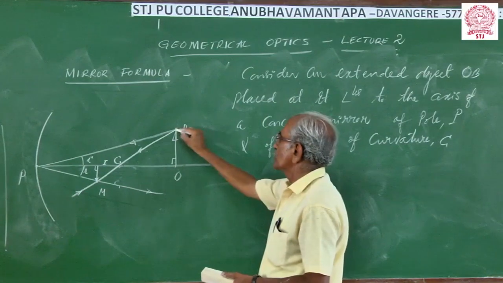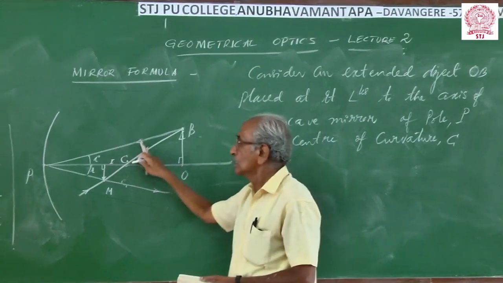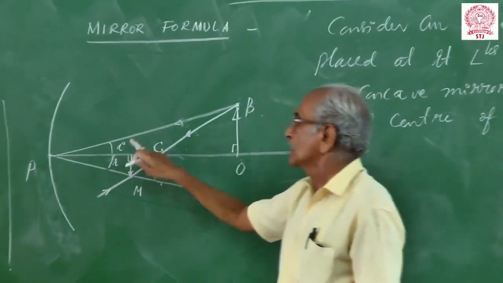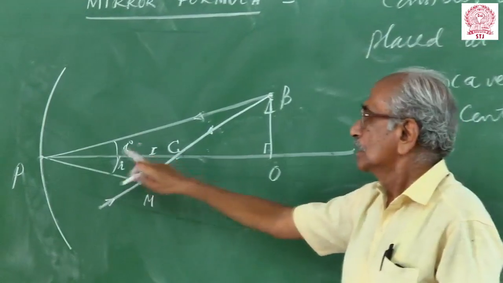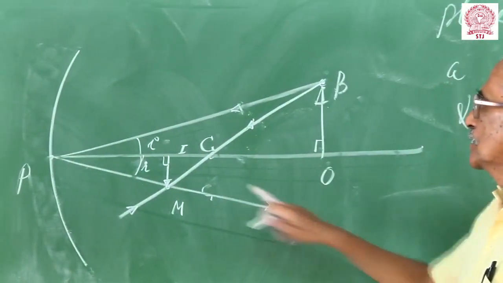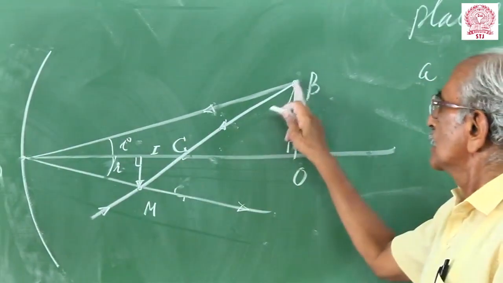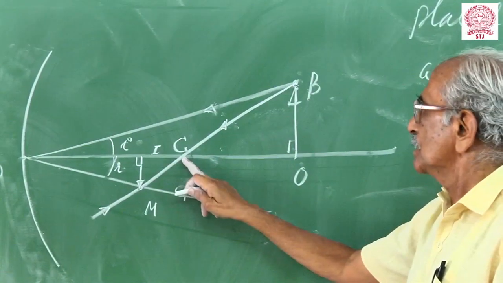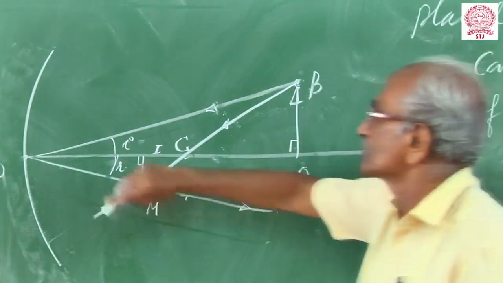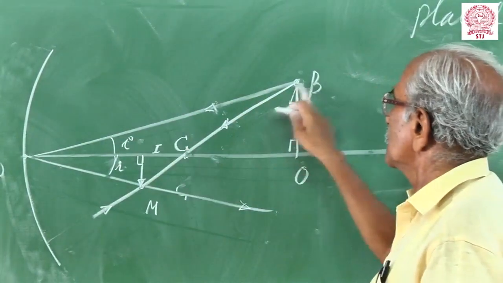Now from the topmost point B, I take a ray incident at P, making an angle I. It reflects along PM such that I equals R. Another ray passing through C falls on the mirror normally because this is a sphere and this is the center.